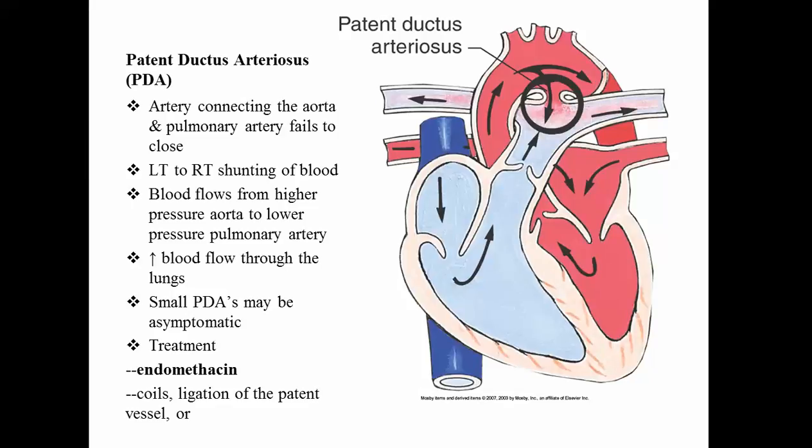As a result, you have left to right shunting of blood. So the blood flows from the higher pressure aorta to the lower pressure pulmonary artery. And as a result, there's increased blood volume that goes to the lungs. That increased blood volume is recirculated to the lungs and returned to the left atrium and left ventricle.